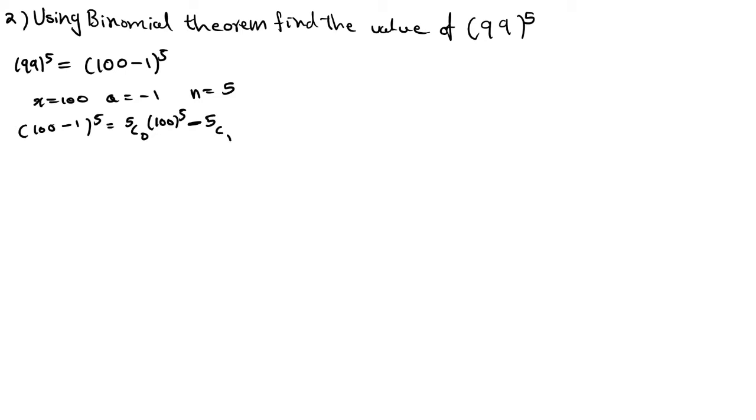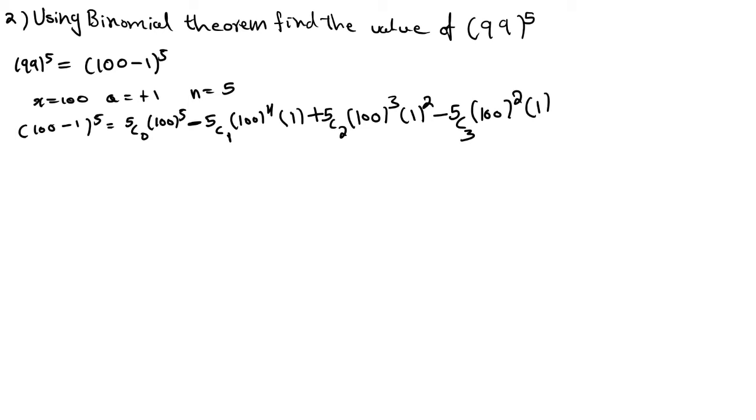So 5C1 into 100 to the power 4 into 1 to the power 1, then plus 5C2 into 100 to the power 3 into 1 to the power 2. Next minus 5C3 into 100 to the power 2 into 1 to the power 3, plus 5C4 into 100 into 1 to the power 4, minus 5C5 into 100 to the power 0 into 1 to the power 5.